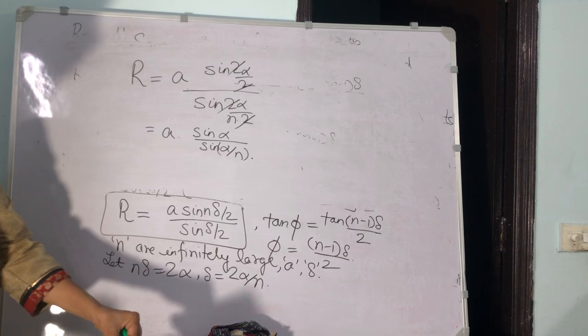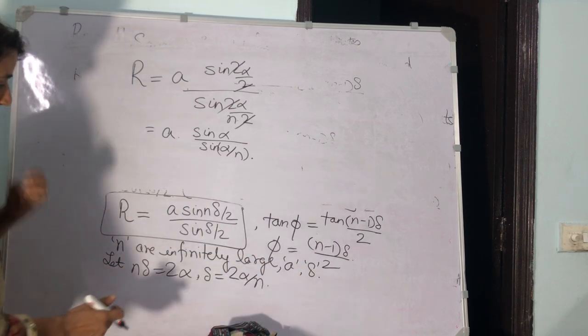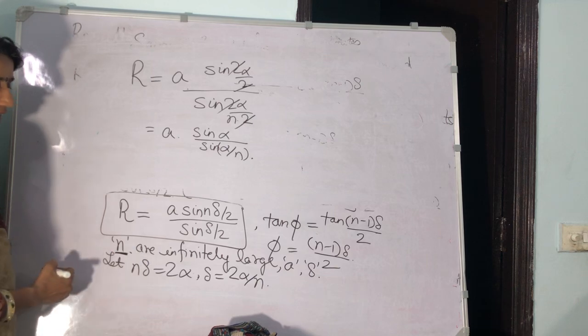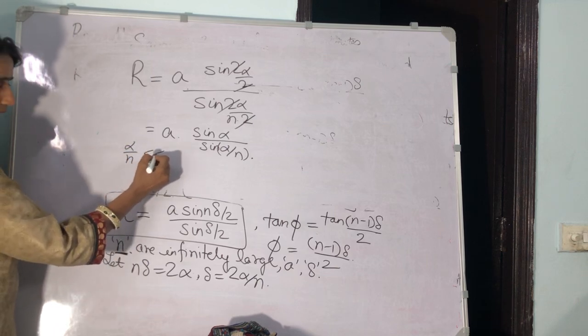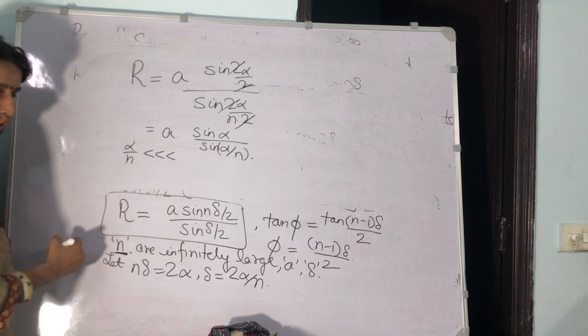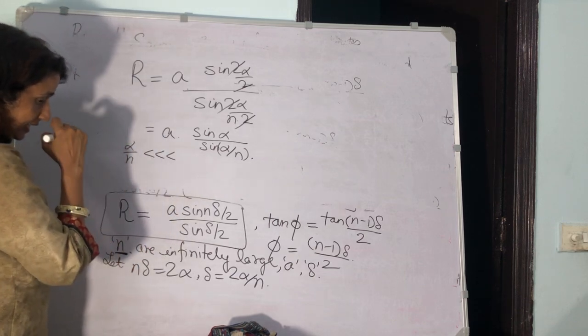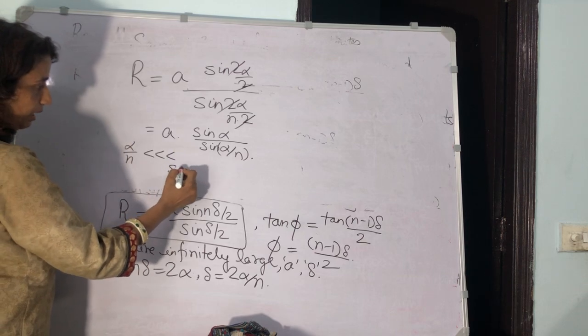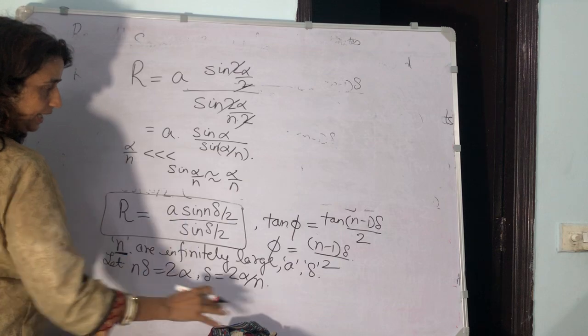Now in diffraction, n, as I told you, is very large. So α upon n becomes very small. In that case we can take sin(α/n) tending to α/n.